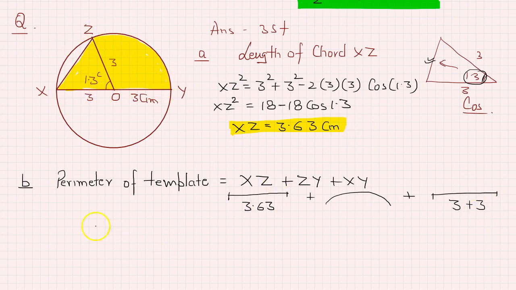So the length of arc ZY. Our formula is length is equal to r theta. So r is 3, and what is this theta? This total is pi, and this is minus 1.3.